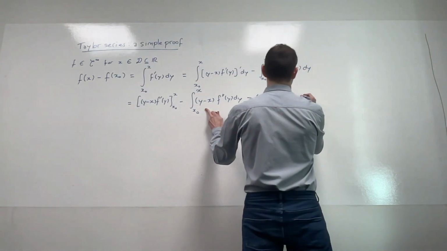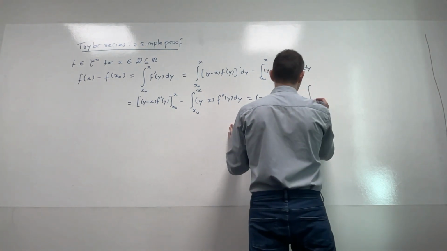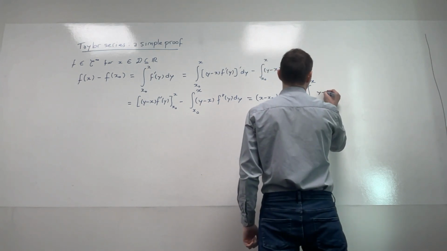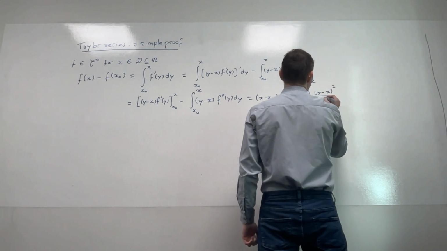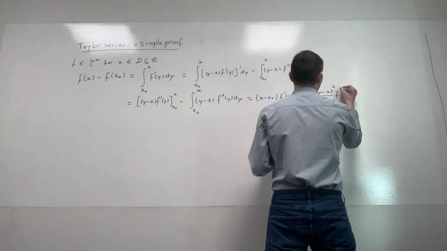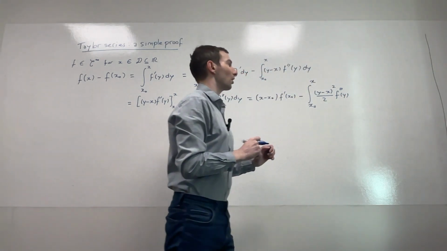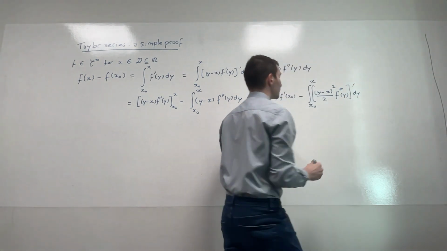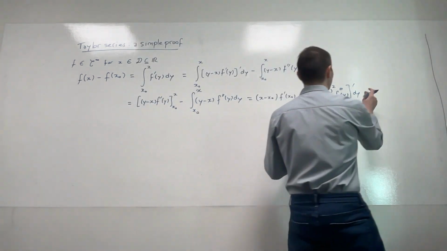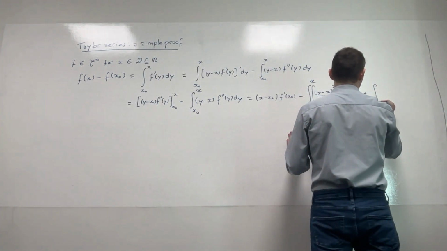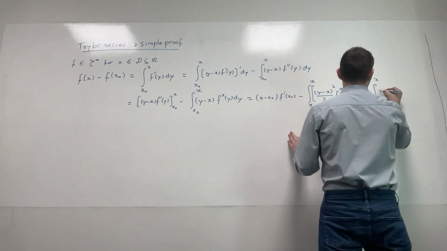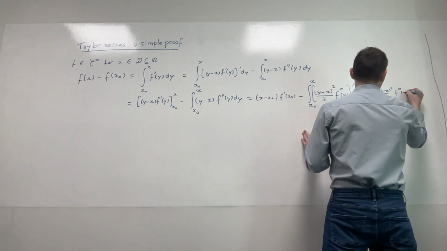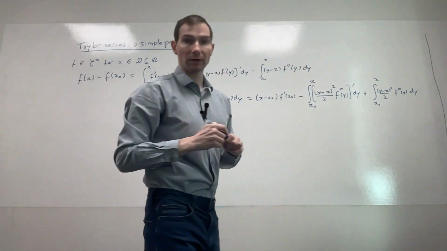So I'm going to get minus the integral from x naught to x, and then y minus x squared divided by 2, and then the third derivative of f, and now I need to differentiate this, so that's a plus the integral from x naught to x of y minus x squared divided by 2, and then the third derivative of f with respect to y.